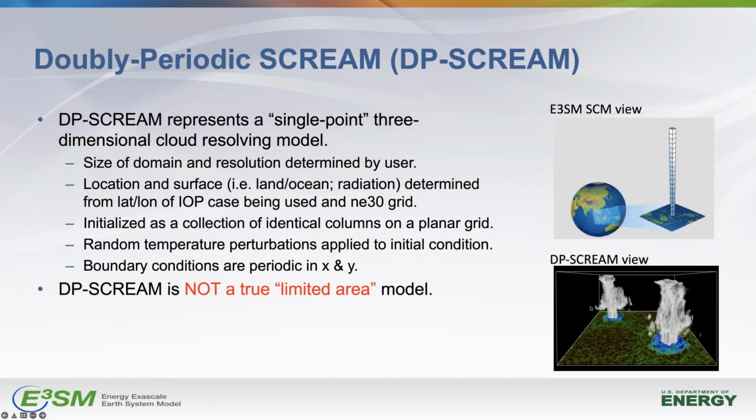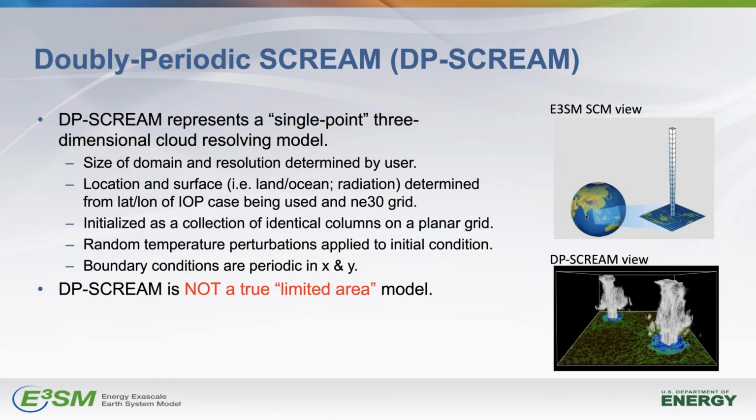Now, I often hear people refer to DP SCREAM as a limited area model, and this is something of a pet peeve of mine because it really mischaracterizes what this configuration is. In a true limited area model, one might want to simulate this highlighted box on the globe and only that area with its realistic topography and surface, and with the boundary conditions specified.